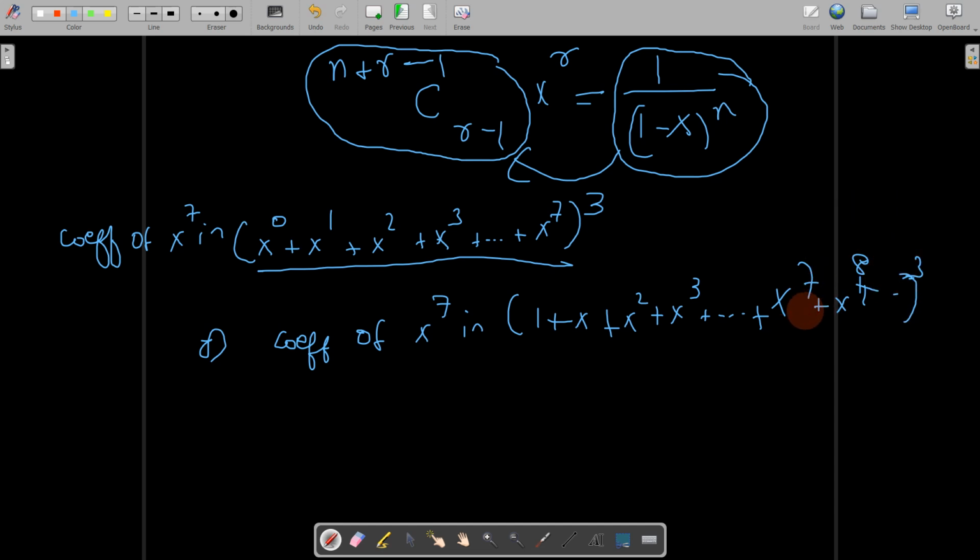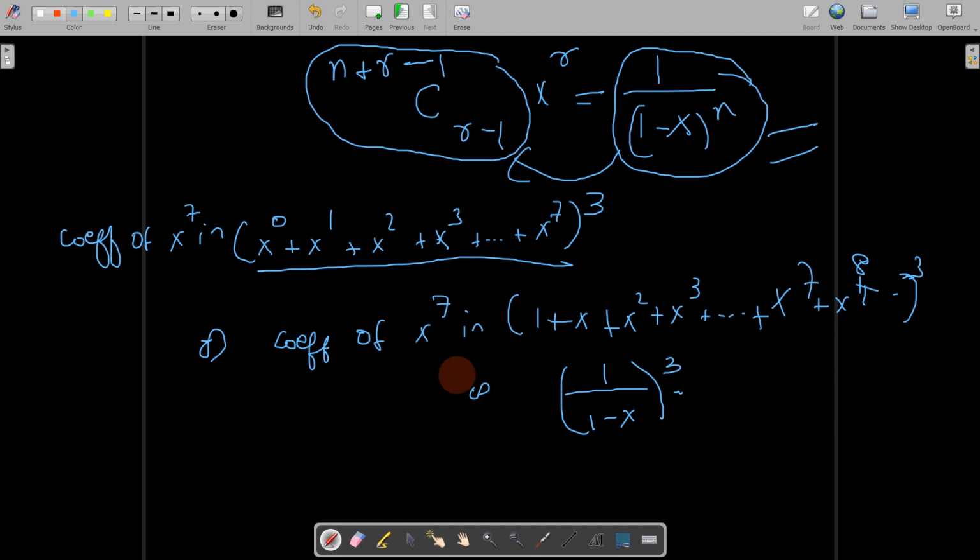Because x power 8 cannot contribute to the coefficient of 7 ever. That's why we can write it like this. So this becomes the sum of an infinite GP, that is 1 by 1 minus x power 3. That is nothing but this generating function which we saw in the formula.